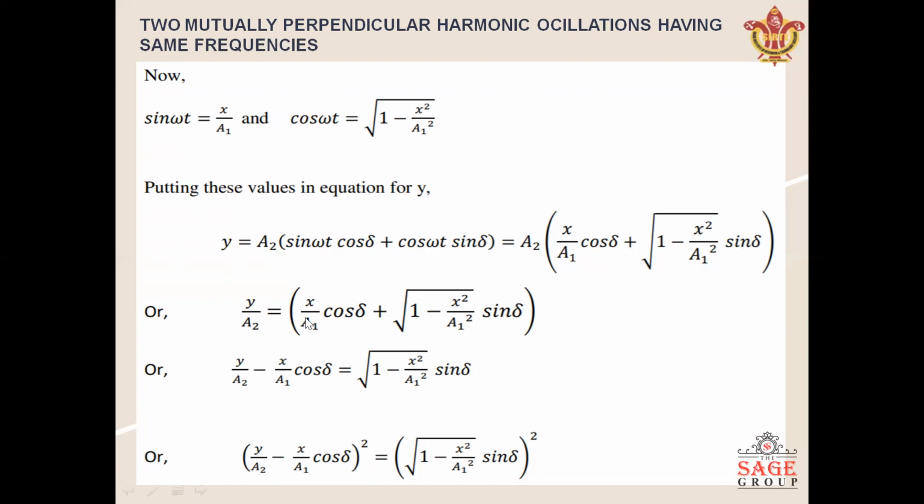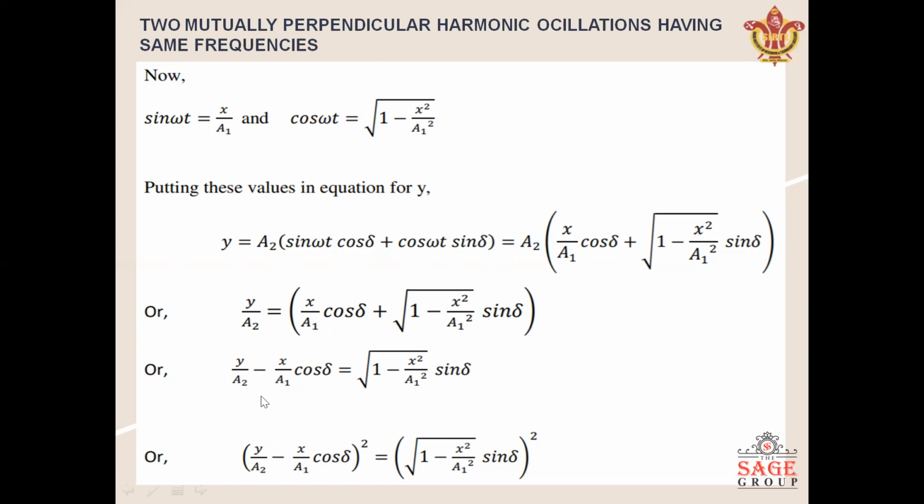Or this can also be represented like this. This A2 can come to this side upon y. So y upon A2 is equal to x upon A1 cos delta plus under root of 1 minus x square upon A1 square sine delta.